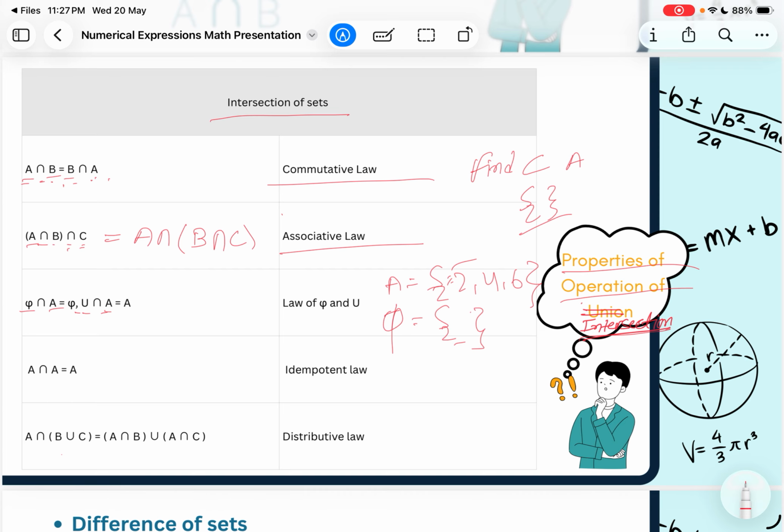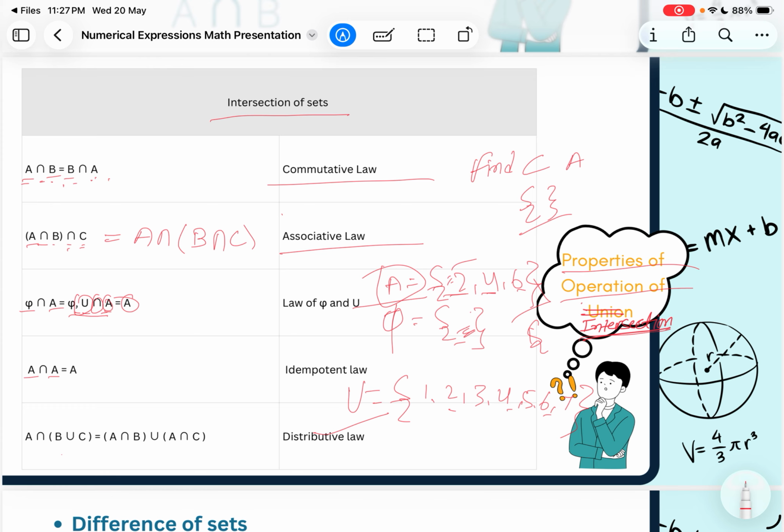So the answer will be an empty set. And if we have a universal set U equal to 1 2 3 4 5 6 and 7, what is common in both U and A? 2 4 6 is also here, so A is common there. So the same thing is written here, U intersection A equals A.